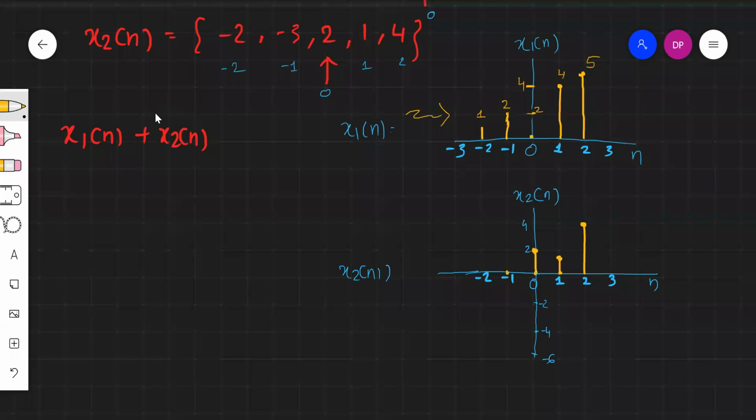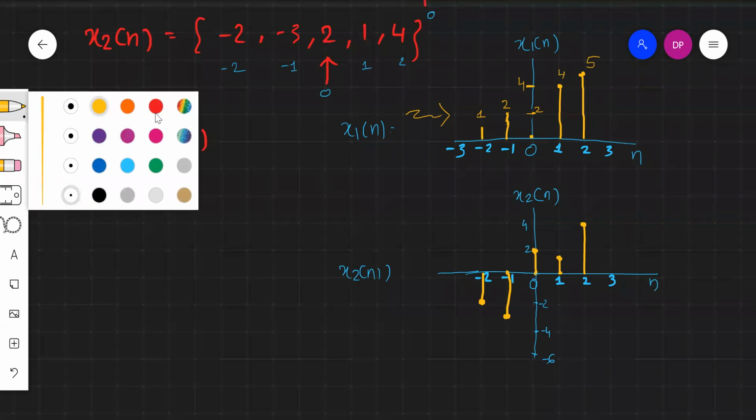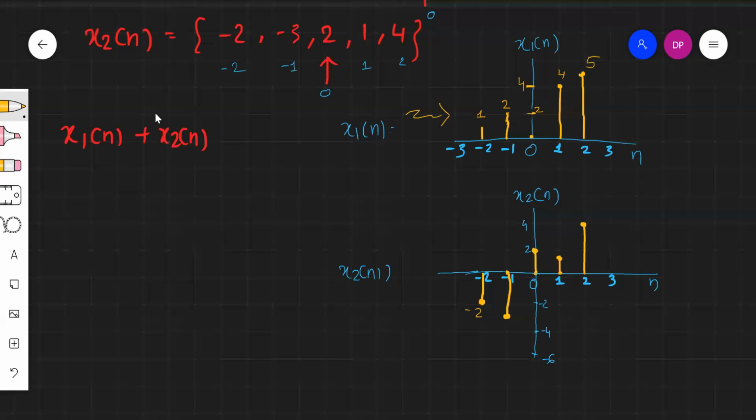At -1 the value is -3, and at the -2 index the value is -2. So if I write all the values, this is -2, -3, 2, 1, 4.